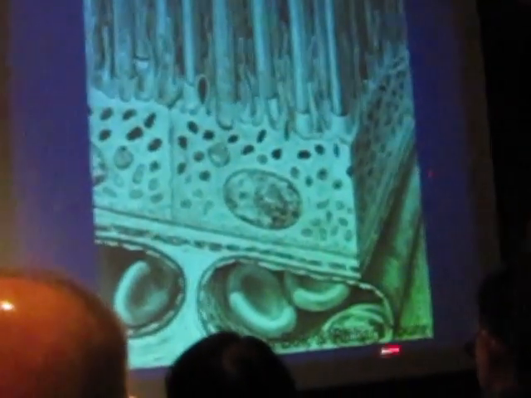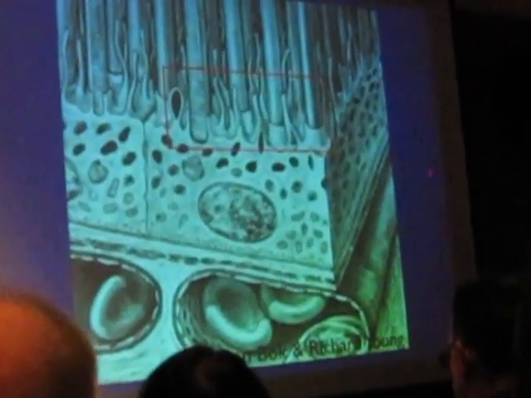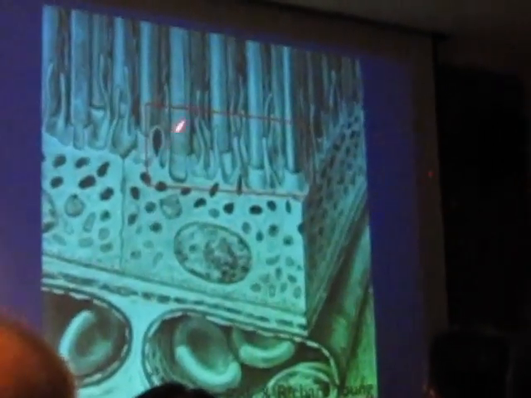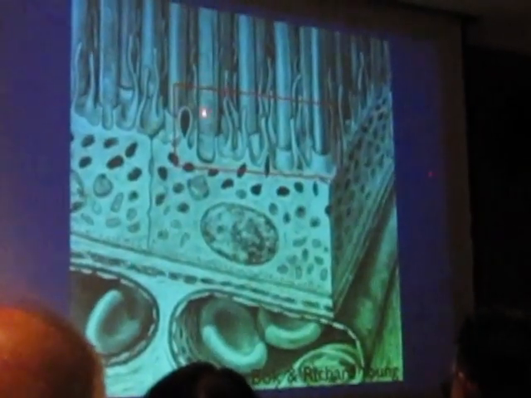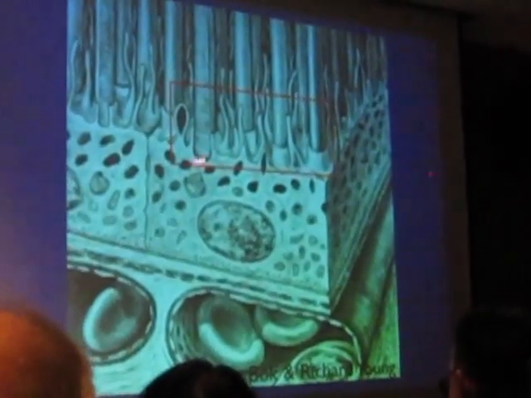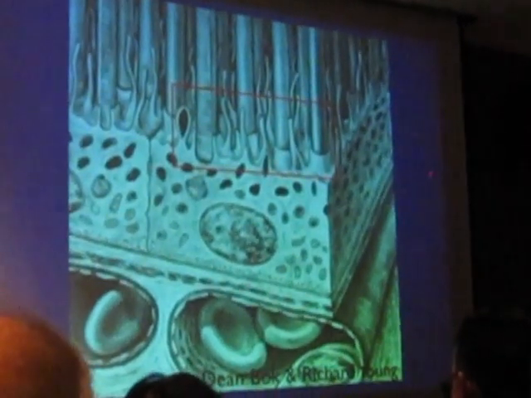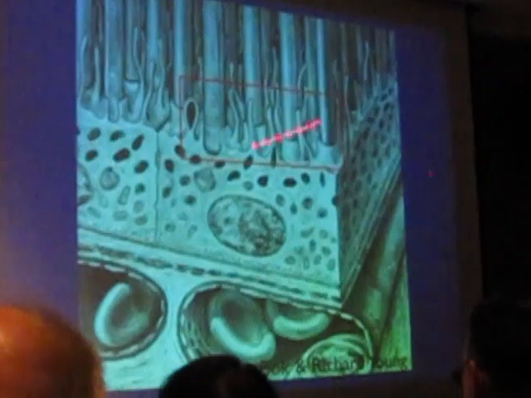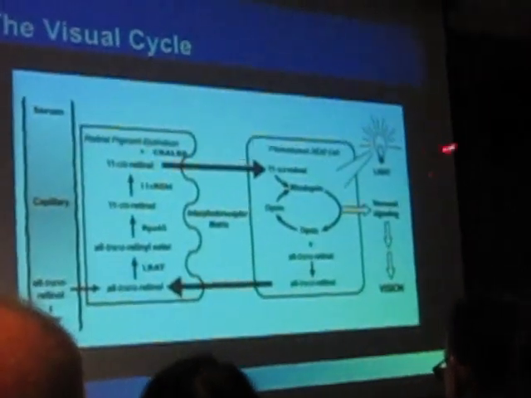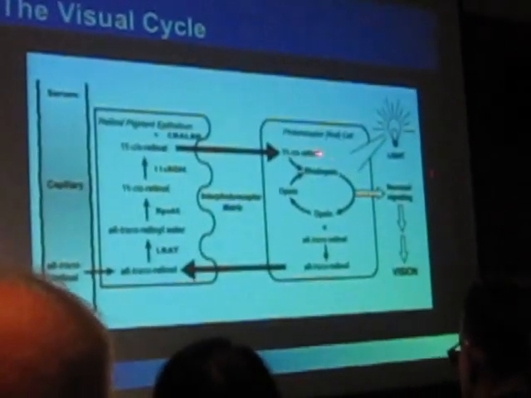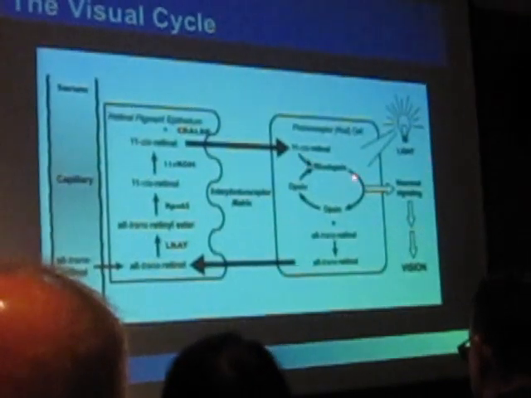This is a slide from Dean Bok and Richard Young, work that was originally done at Schwartz Eye Institute many years ago, describing how the outer segments of the rods and cones interdigitate into the apical surface of the retinal pigment epithelium and are then engulfed, and the visual cycle happens right here. This is the visual cycle, right? Light comes in, hits rhodopsin, that's with 11-cis retinal.